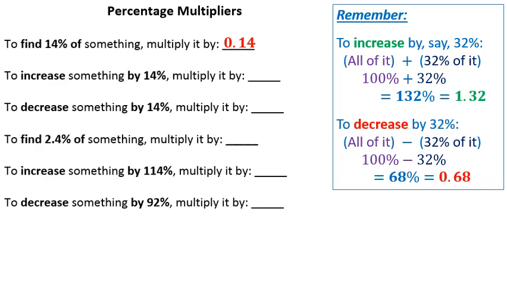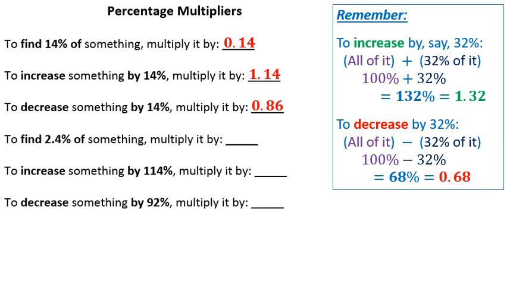To increase by 14%, you want to find 114% of it. So that's 1.14. If you start with all of it and you decrease by 14%, then you've dropped down to 86%, so you need to work out 0.86 multiplied by the value.